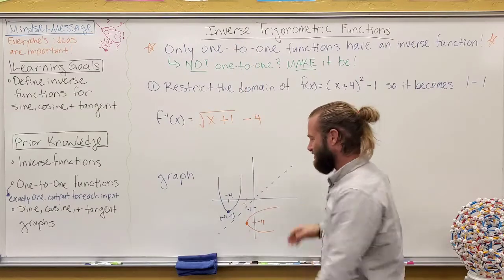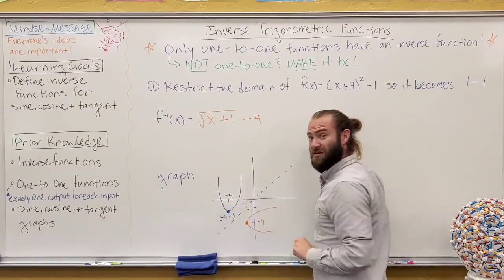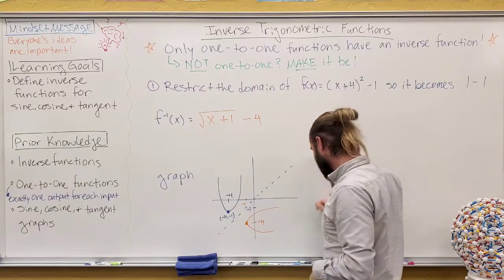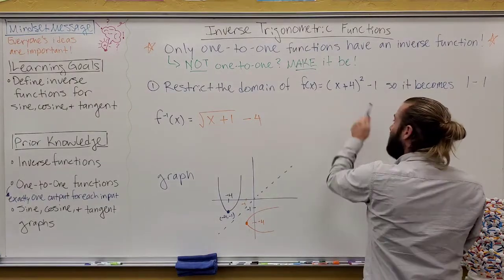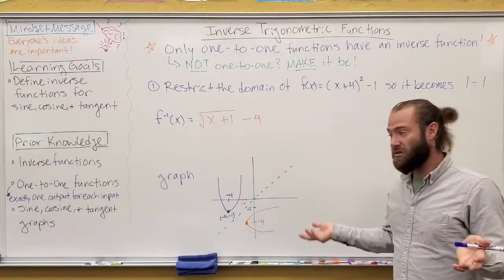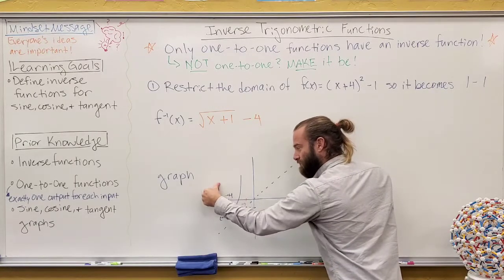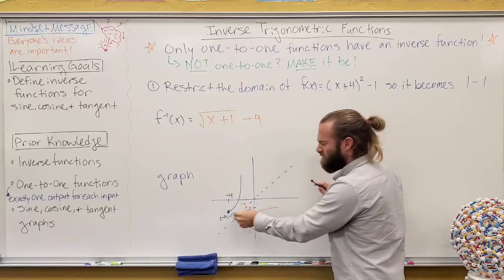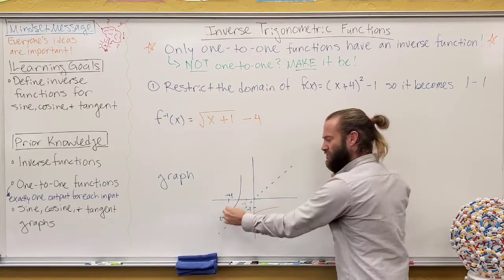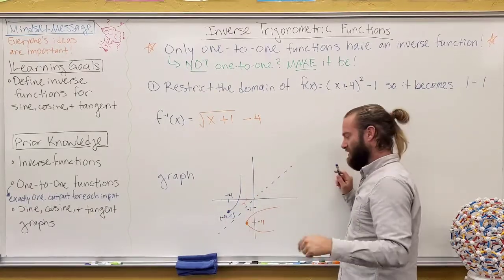So we could simply chop one or the other of these off and restrict the domain. Okay? So this guy's current domain is all real numbers. But if I just chopped this off, I could have chosen the other side, but it's standard to choose the positive side, I guess.